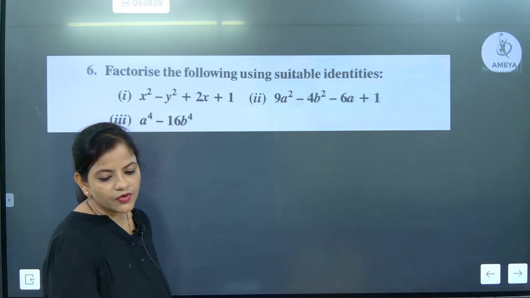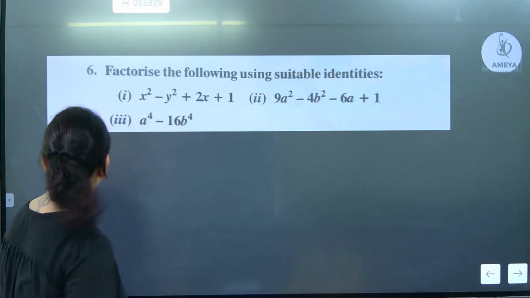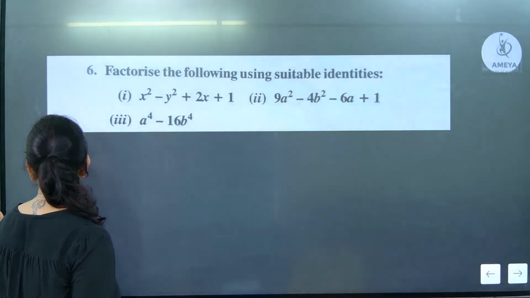Ready? Now I am going to do the first factorization. Please understand what they need from you.